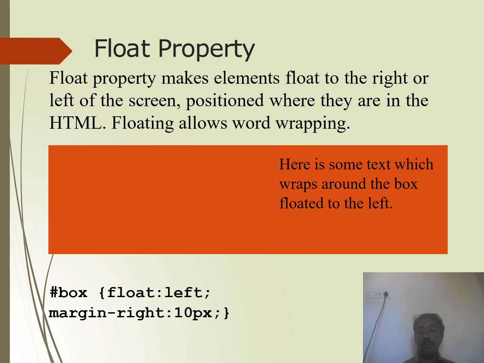We asked to write that text on the left, but 10px apart. That is the output shown in the slide above, isn't it? So float is the command used to move the text to the left or right, left distribution or right distribution. We use it in such a manner, isn't it?